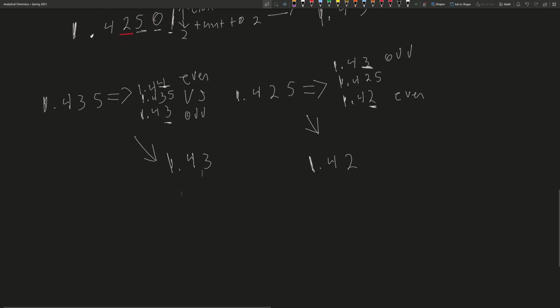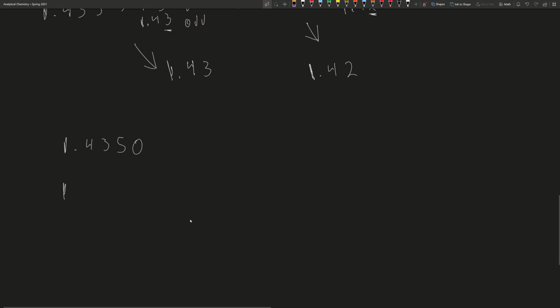So if we were to extrapolate this a little more, 1.43501. This again, because we are still exactly halfway between the 3 and the 4, we're going to round to the even value, so this is the value we're going to round to.